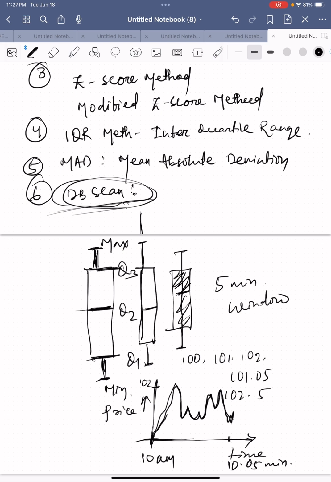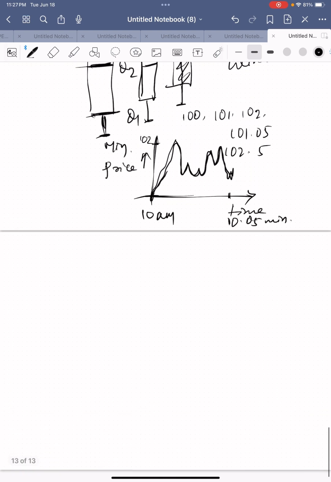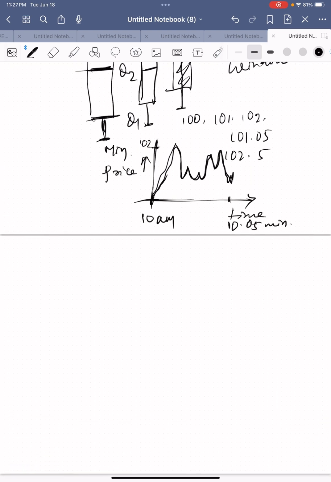So how can we identify an outlier using a box plot? Let's say this is how my box plot looks.